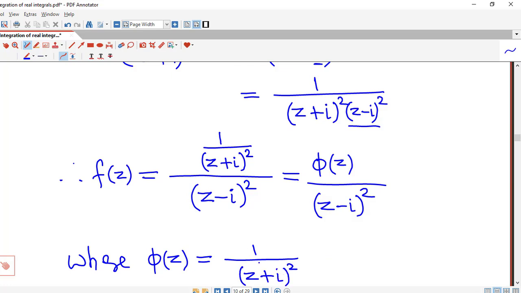Now this function is analytic everywhere except z equal to minus i, at which the denominator becomes 0. So this is analytic at z equal to i.